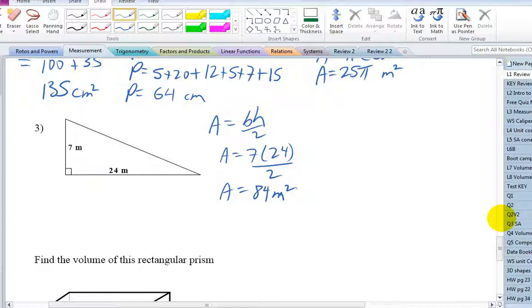What about for the perimeter? What do we have to do? Yeah, you're going to have to figure that out first by doing Pythagoras. Okay, so you got to do Pythagoras. I'm going to call it x. You can call it whatever you want.